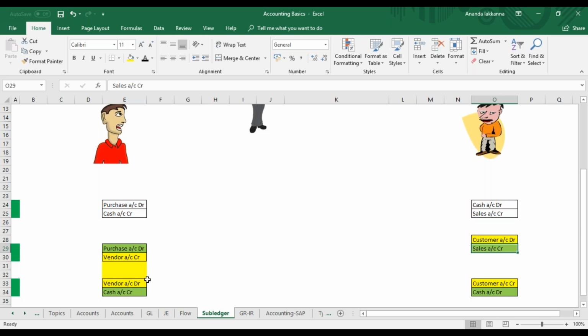When you maintain an external account, external means organizations, vendors, customers, persons, or stakeholders who are related to the company, like employees, whatever the accounts, those will fall under personal accounts. And those personal accounts will never change your profit or loss. They will just help you in having proper accounting. That's why we call them supportive accounts also. Very simple.